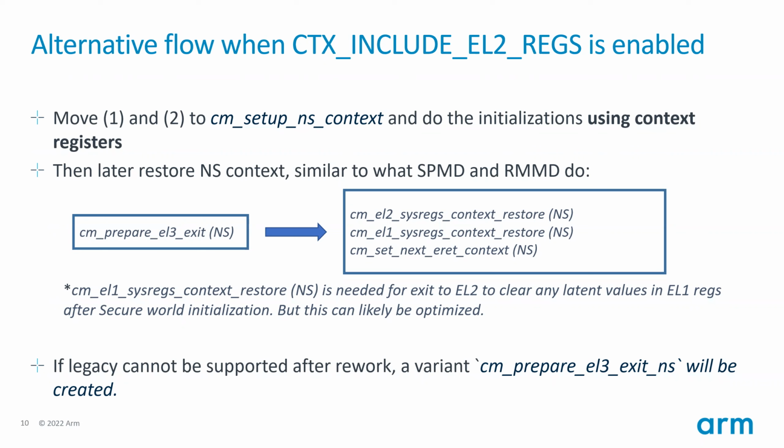If we do this, instead of using the old cm_prepare_el3_exit function, we can do the initializations at the initialization stage, and at the point where we call this function, we'll just do register restore. So we can basically restore EL2 and EL1 system registers.